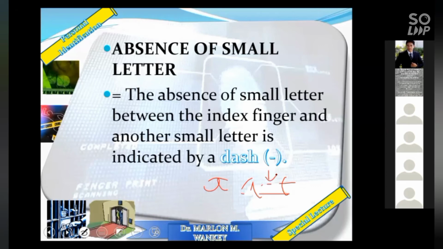But when the first letter is an ATR but the rest are not ATR, no need to place the dash. Huwag nyo nang ilagay. Wala namang kasunod eh. Not unless kung may kasunod, then maglagay kayo ng dash. Pero kung wala, hayaan na.